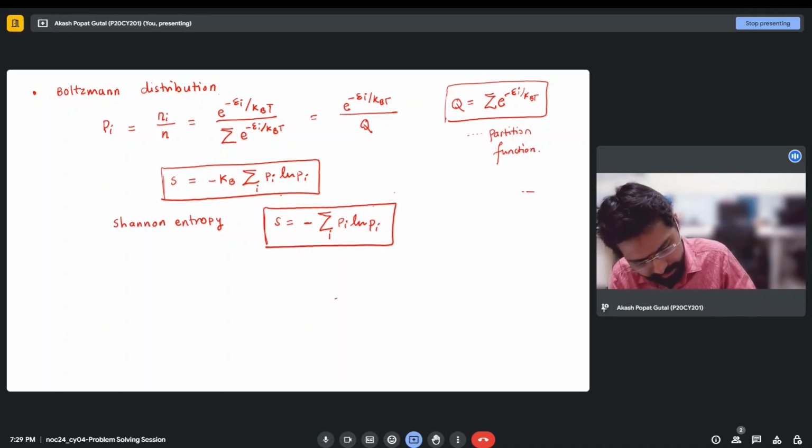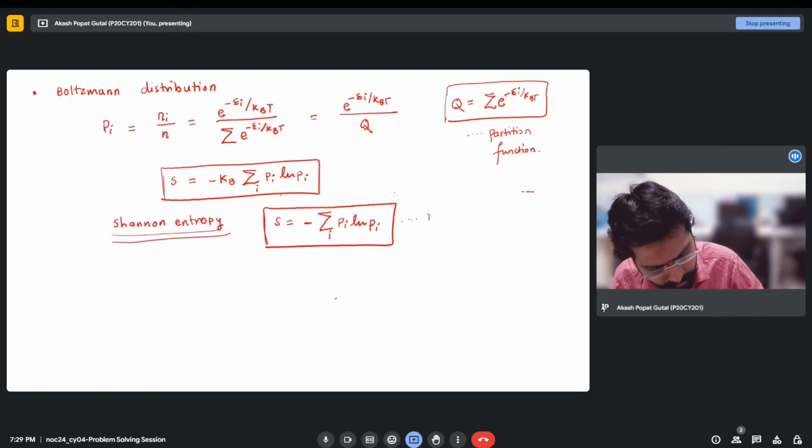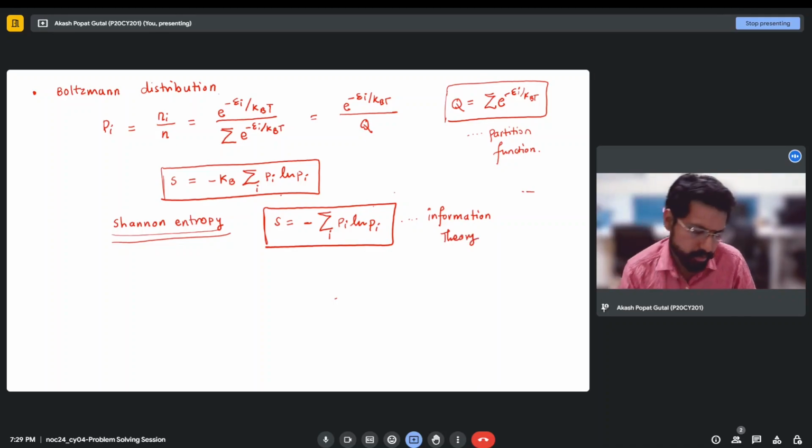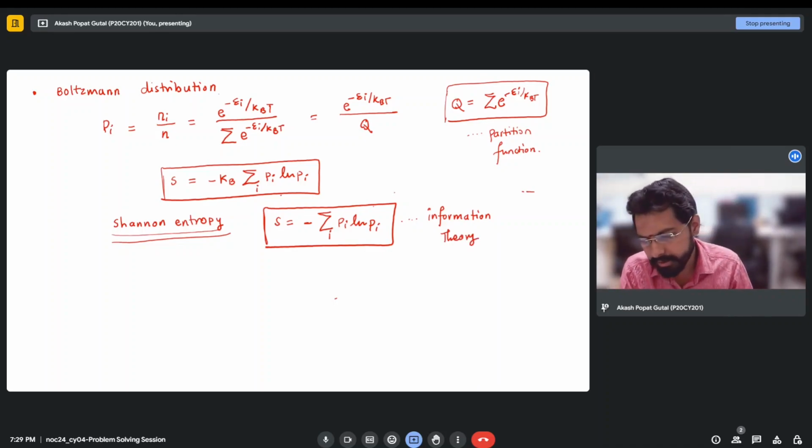So this is called Shannon's entropy, and it is generally used in information theory. We'll solve a problem regarding this Shannon entropy, which is actually related to the distribution of the particles.